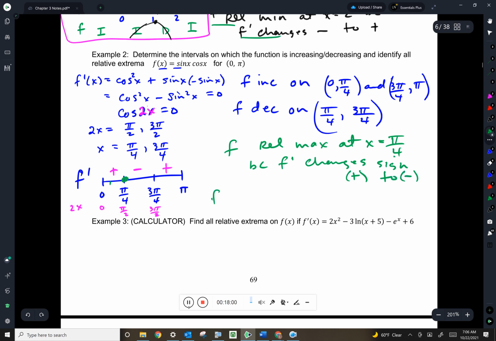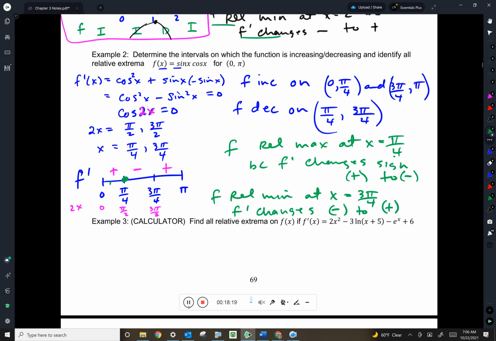And then I could say f has a relative min at x equals 3 pi over 4, derivative changes negative to positive.